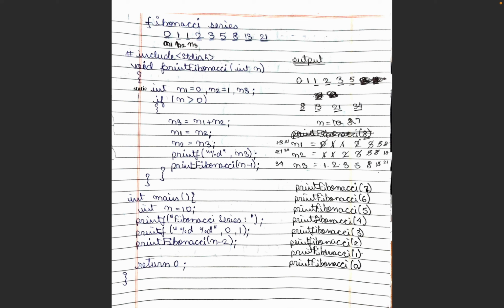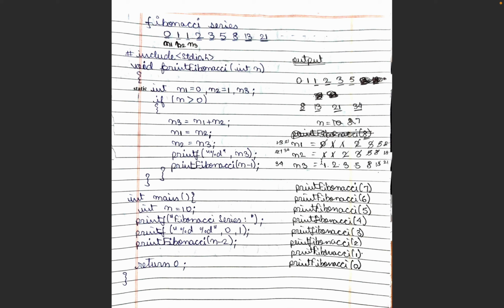Okay, so again 7 will go inside. 7 is greater than 0. Yes, so again n3 will be calculated to 2, and then n1 n2 will be swapped. Okay, and this prints the digit, and then print Fibonacci 7 minus 1, that is 6.